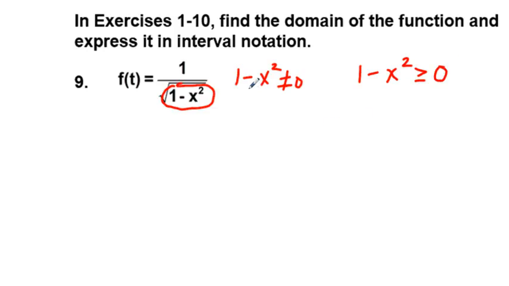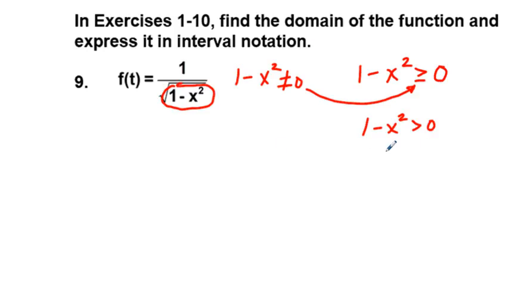Well, since 1 minus x squared cannot equal 0, and 1 minus x squared is greater than or equal to 0, we apply this condition over to the right inequality, and we erase that little greater than or equal to, and this changes into 1 minus x squared is greater than 0. And so that's how we figure that out.